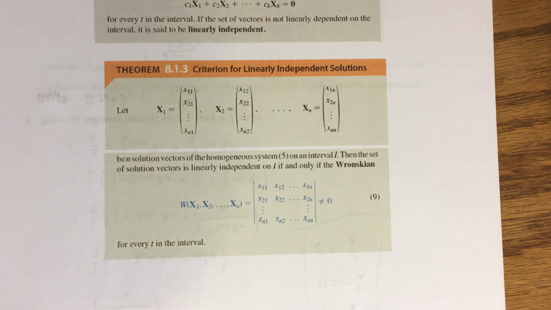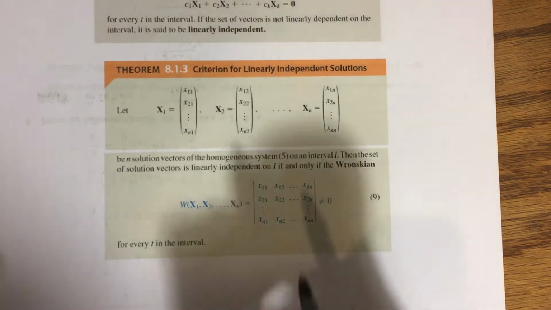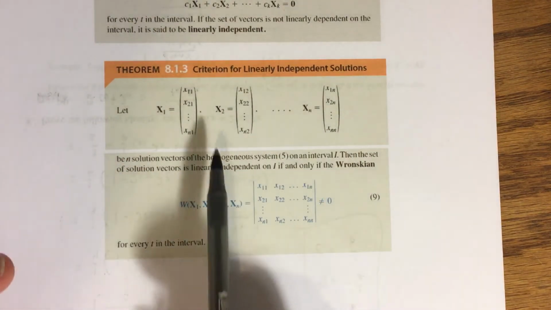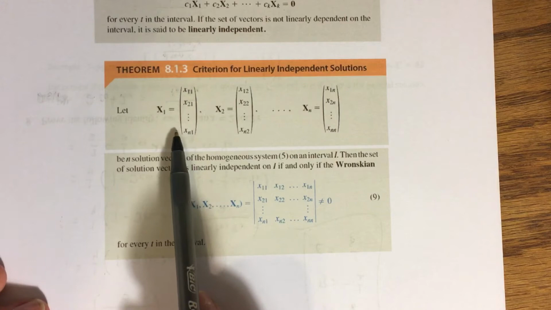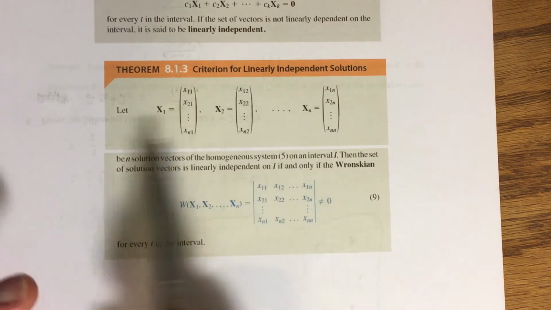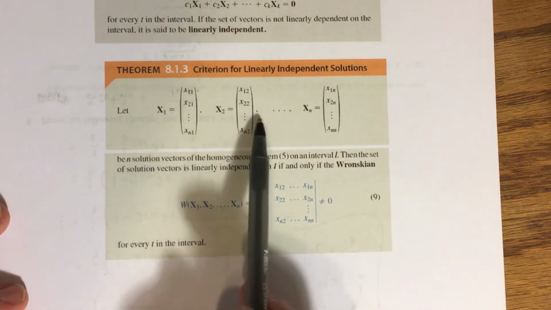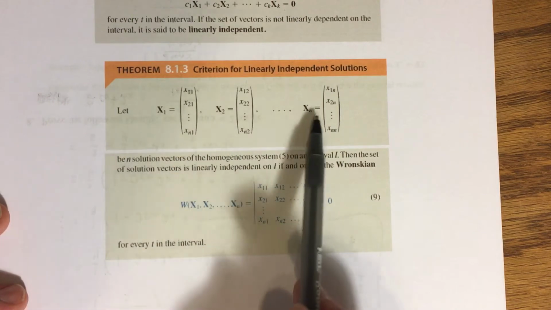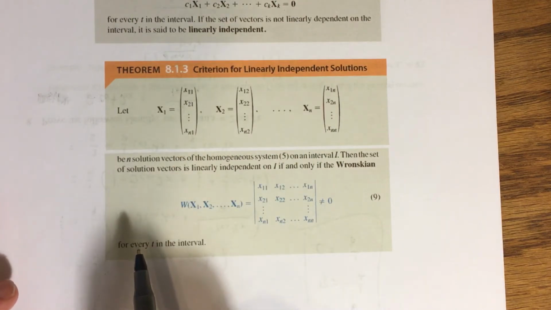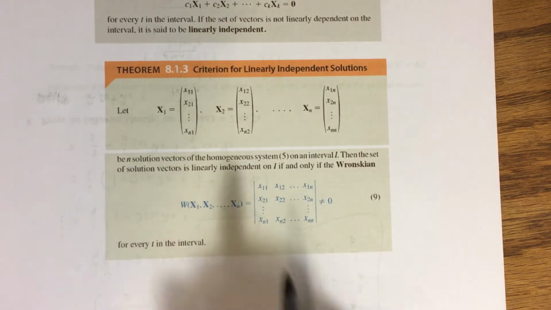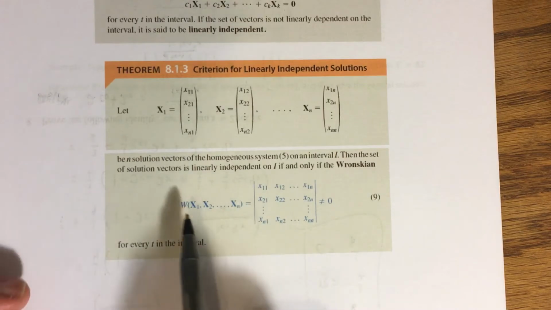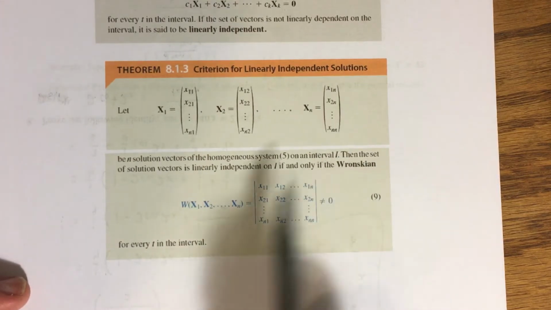It's a set of solution vectors, and each vector contains a set of functions in its own right. So here, what we're looking at is a set of column vectors, solution vectors to a homogeneous system of equations, and we're assuming there are solutions on some interval I.